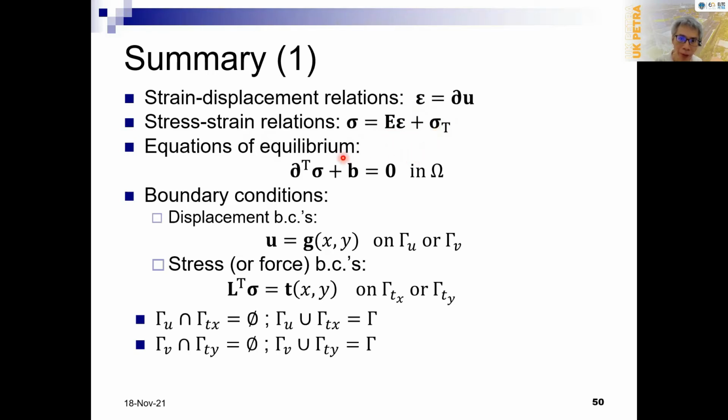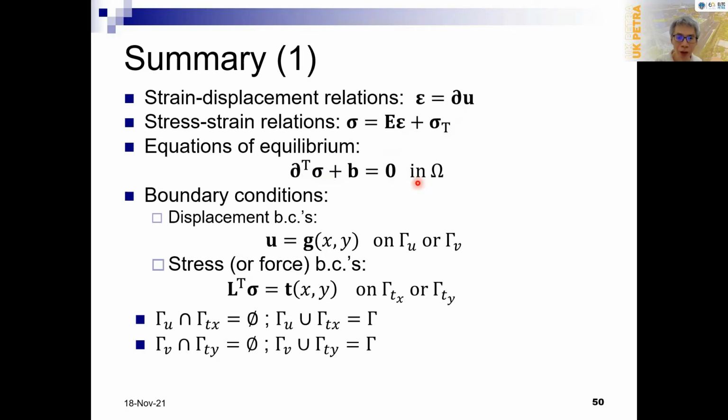And we have the equilibrium equations in matrix form like this. The differential operator, the same differential operator, operates on the stress tensor, and this is the external body force, equal to 0. So all of this is applicable in the body.